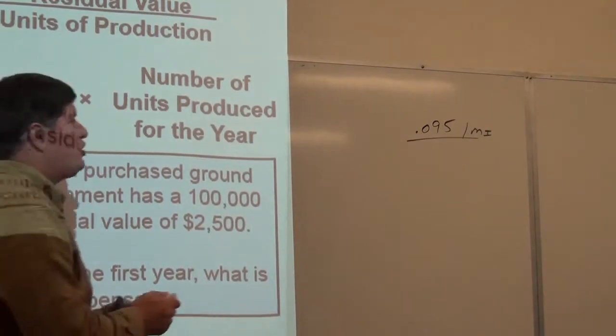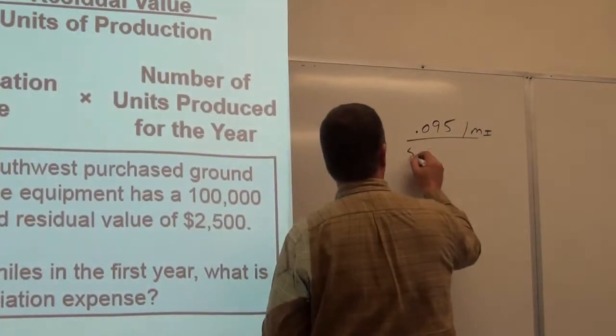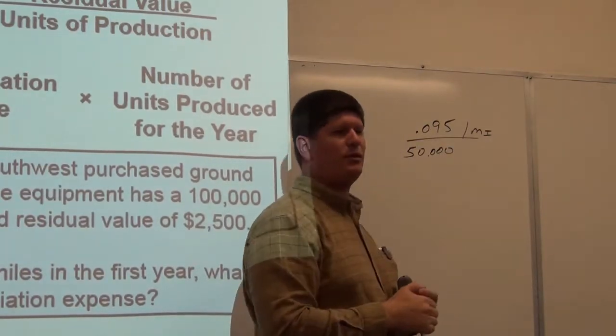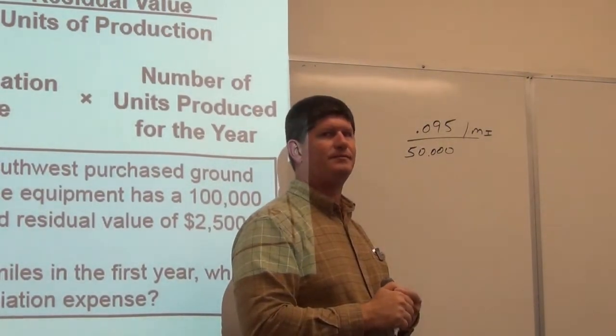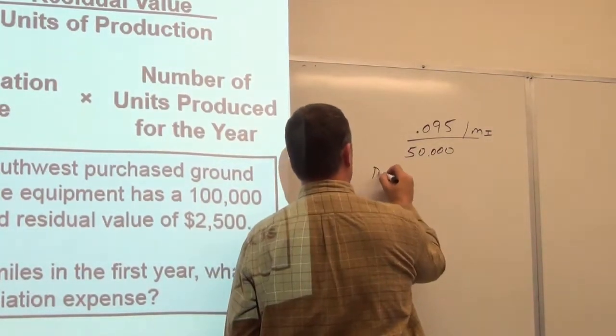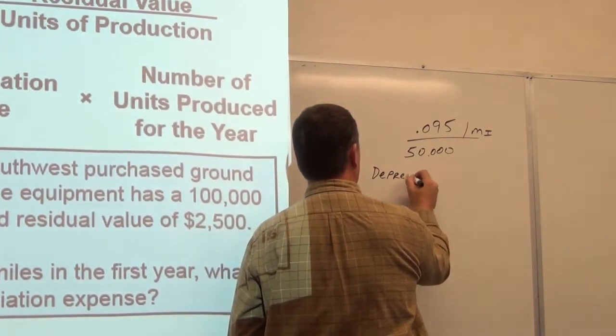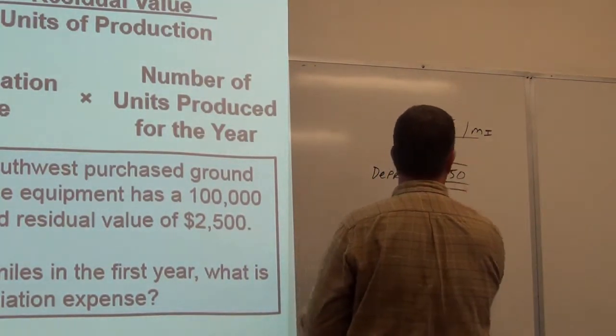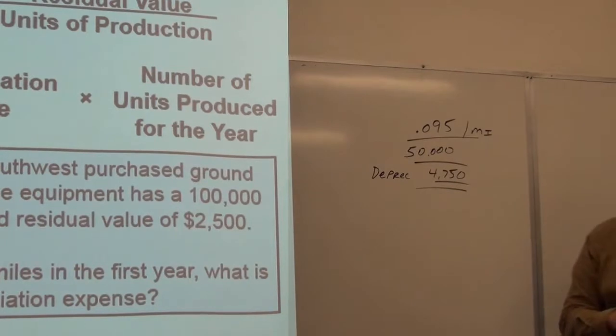So if in the first year we drive that truck 50,000 miles, what's 50,000 times 0.095? Our depreciation in the first year is $4,750.